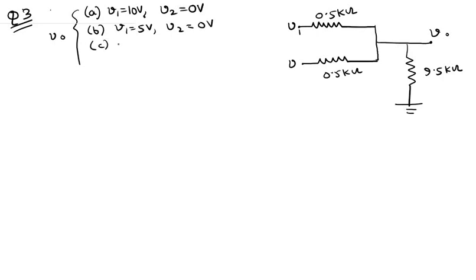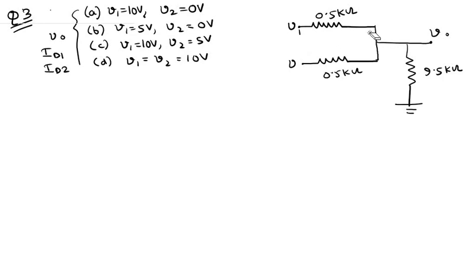Case C is V1 equal to 10 volts, V2 equal to 5 volts, and case D is V1 equal to V2 equal to 10 volts. Along with V0 we are also asked to find out the value of ID1 and ID2.